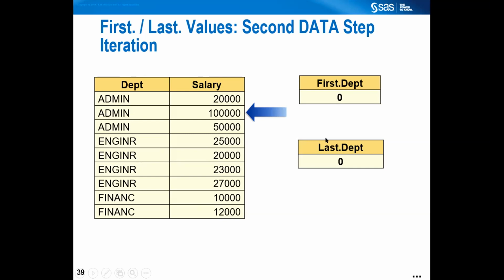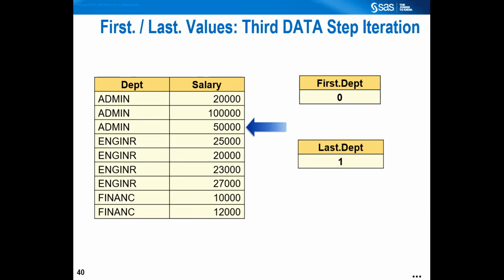Hence, its first dot department and last dot department values are 0. All right. Then when SAS moves ahead and reads this value, it finds it's the last observation within this department of admin group of observations, but it's not the first observation. Hence, its first dot department within admin is 0, but because it's the last observation within admin, its last dot department value is 1.